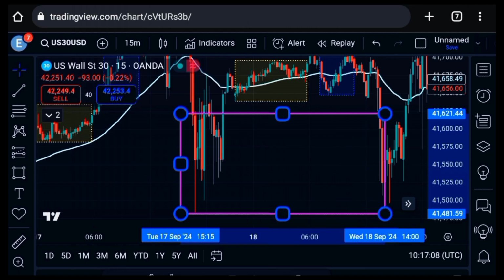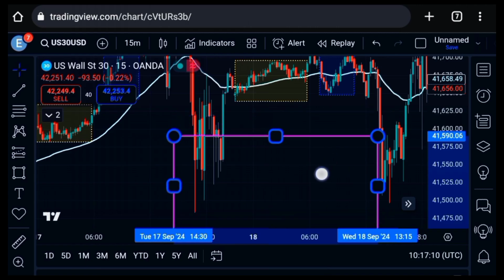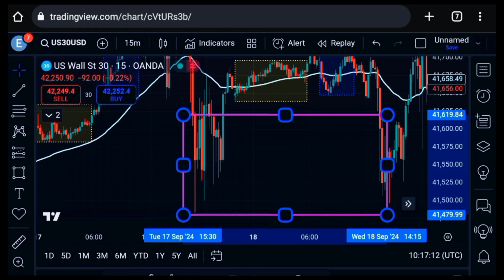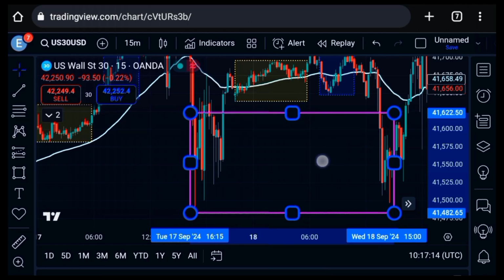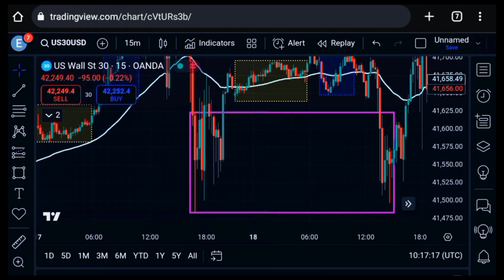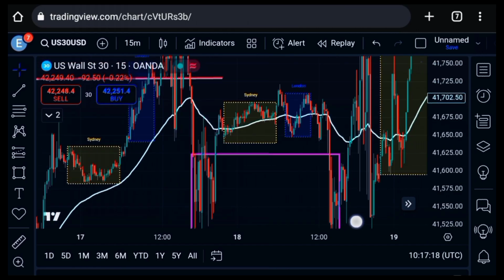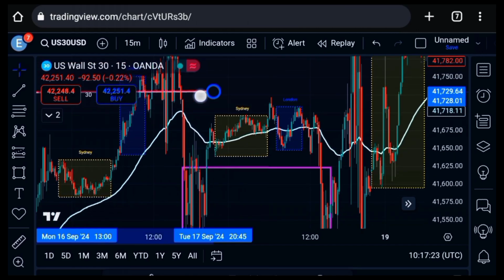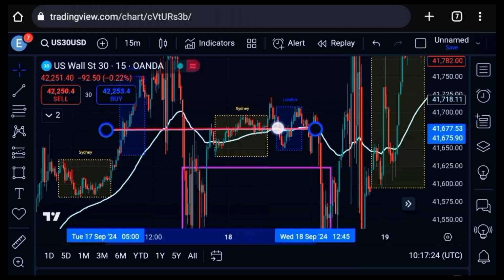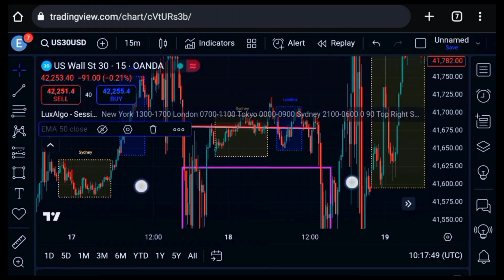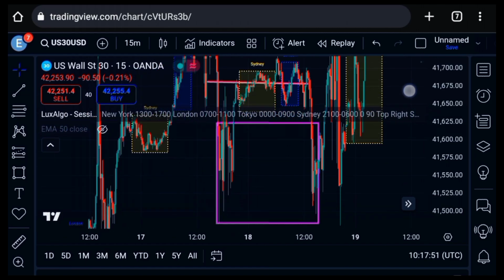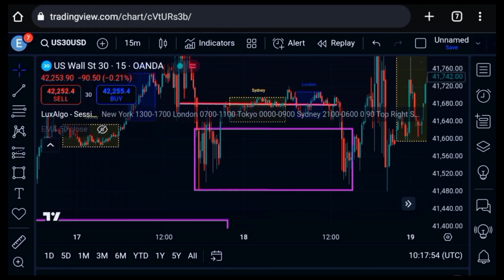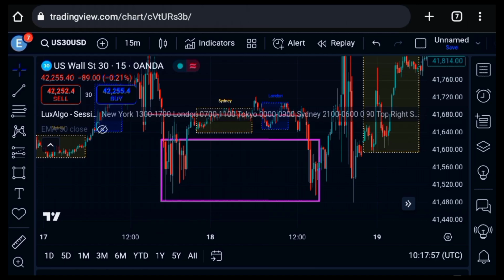That was the last down candle. And after this candle was printed, you can see that the market broke structure. There was a structure right here, and it breaks that structure to the upside.